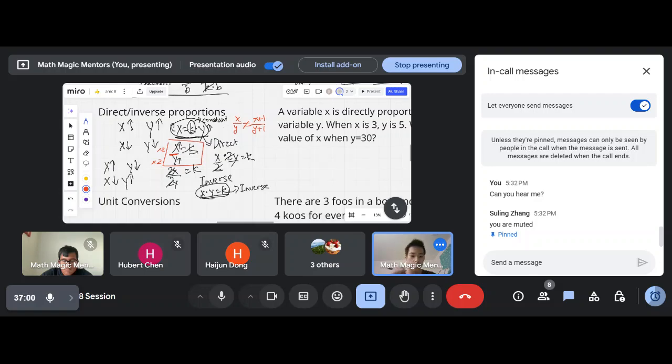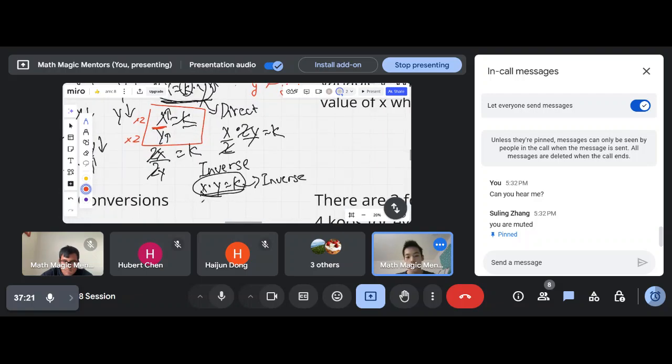Does that make sense, Yabir? All right. So that's the key thing. We can multiply one variable by a constant, and that implies that the other variable will be multiplied by the same constant.